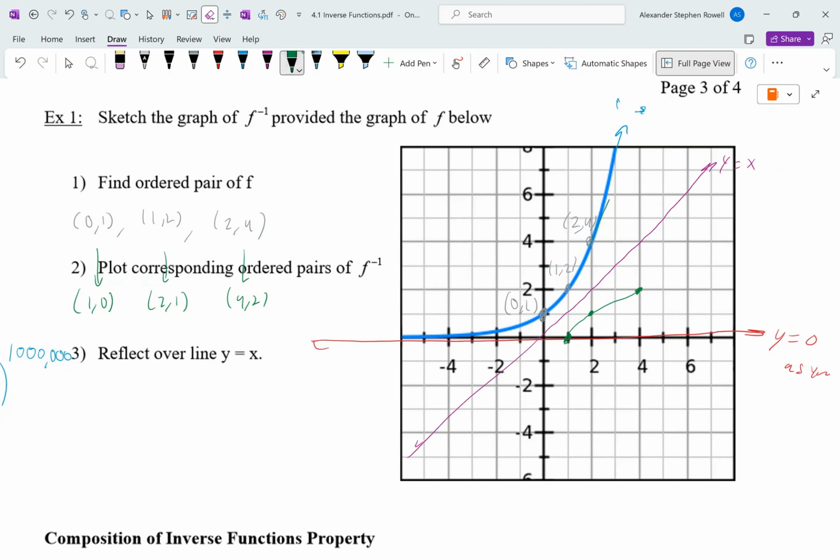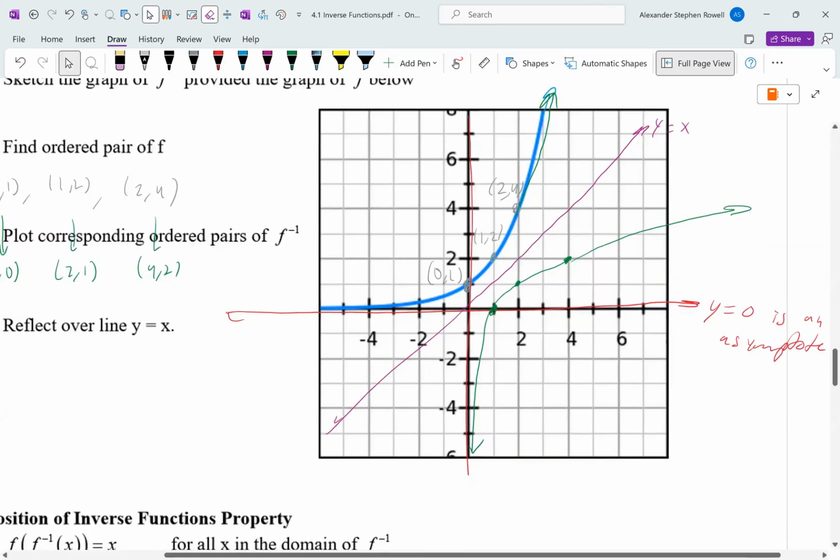As this left side gets further from that line, this should also get further from that line. On the other side, that horizontal asymptote should become a vertical asymptote, and I should approach it on the side. If you have any issues, come up with a random point, and say this distance from y equals x should be the same on the other side. That should be another symmetric point.